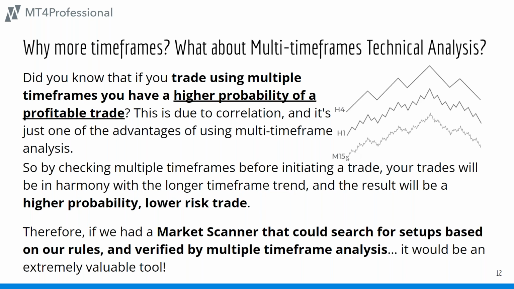But if you're taking these trades on these shorter time frames in harmony with the longer time frame charts, then your trades will eventually be a higher probability that you'll end in profit, and you're going to be entering with much lower risk because the trade is moving in a specific direction. You're not going to be taking trades that are going against the trend.